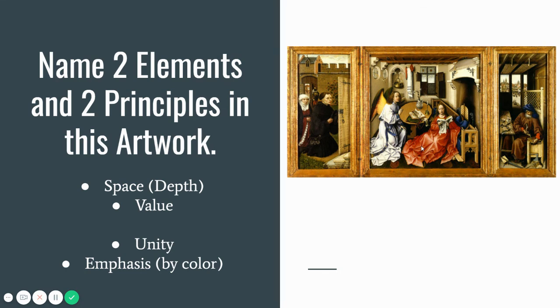And then emphasis. You know, we have this bright red dress, we have this bright white. This emphasis tells us that these individuals here in the center are most important. They are also, in terms of placement, the center panel. So there's some obvious emphasis going on.